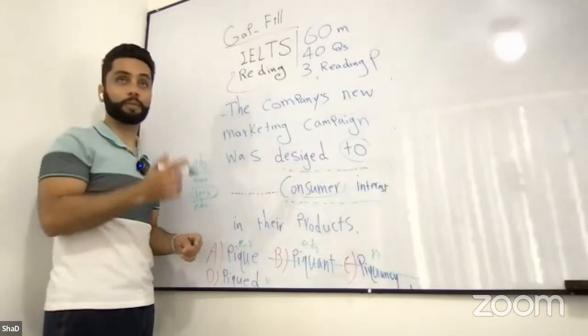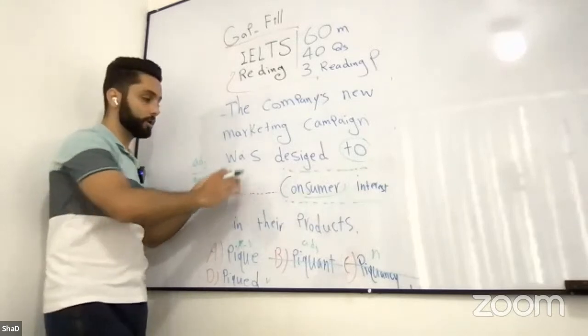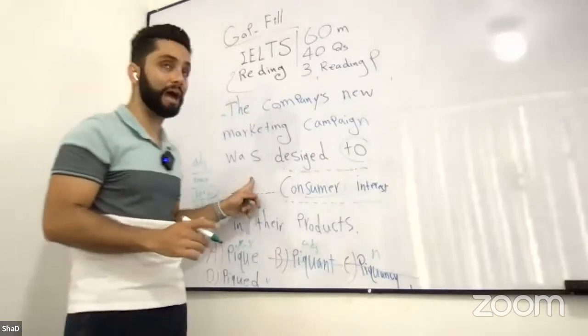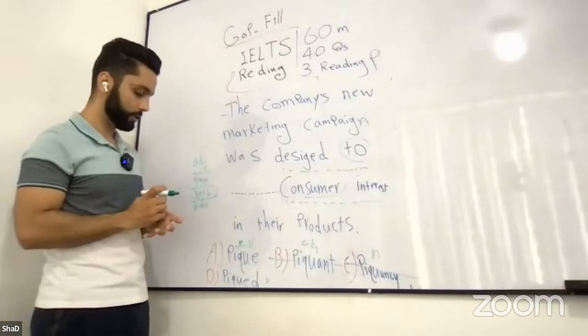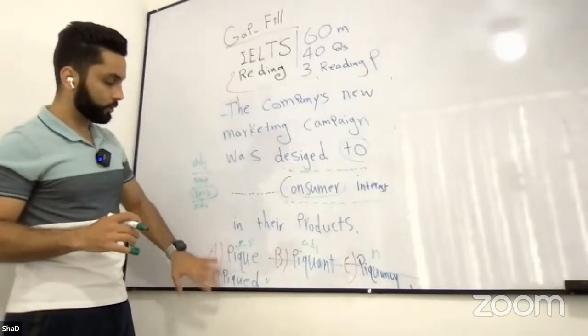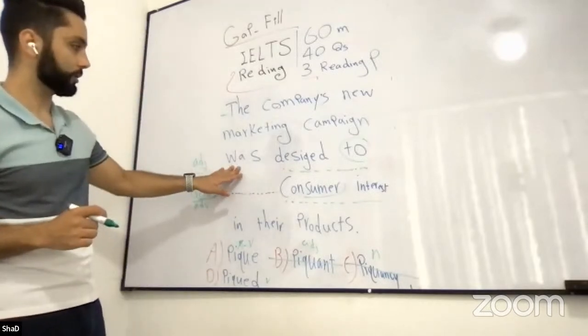This is a technique also: when you have a list of options, when you know that an option doesn't belong in your gap, you can eliminate it, so your mind will be free. Now, we only have two options, peak and peaked. Let's see which one can be possible here.